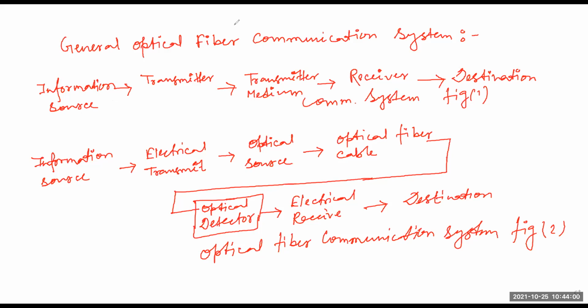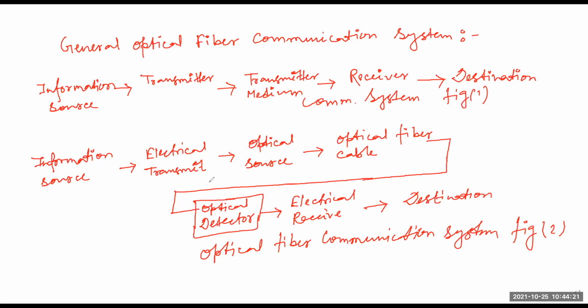And one thing here: in electrical communication, the information source provides an electrical signal, usually derived from a message signal, which may not be electrical; it may be sound.